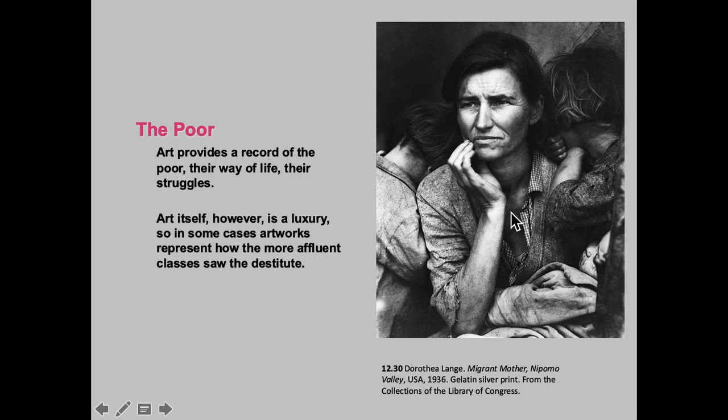I'm actually a descendant of an Okie that moved to California a couple years later than this. But a lot of the poor that came to that area did starve to death, and Dorothea Lange, famous photographer, was sent to document these cases.